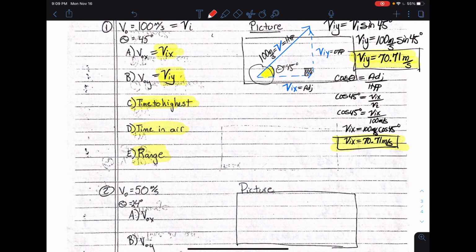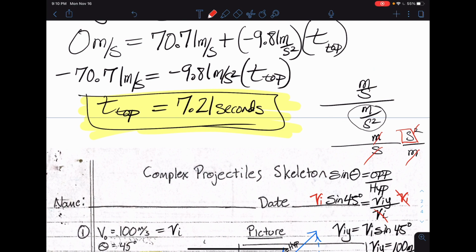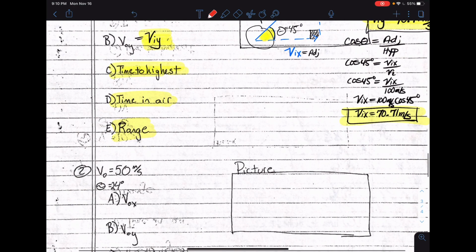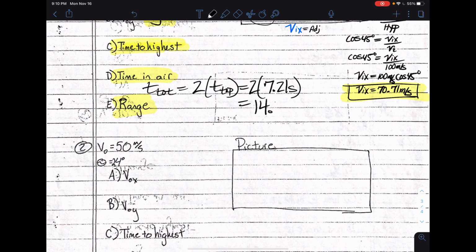There's a couple ways to do this, right? One, you can just say, well, symmetry of projectiles, and that's probably the easiest one. You can say the time to the top was 7.21, so the total time in the air has to equal, let's say T total is equal to 2 times T top, which is 2 times 7.21 seconds, which is equal to 14.42 seconds.